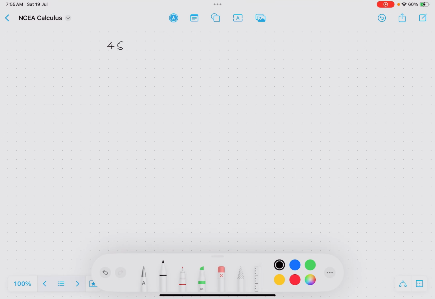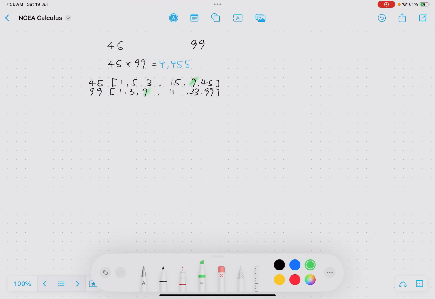Let's do 45 and 99. Very big numbers, and if we just do 45 times 99, yes, we will get a common multiple, but it will be a ridiculously large number. Let's try the approach that we tried before. If we look at the numbers here, they do have 9 as the greatest common factor.